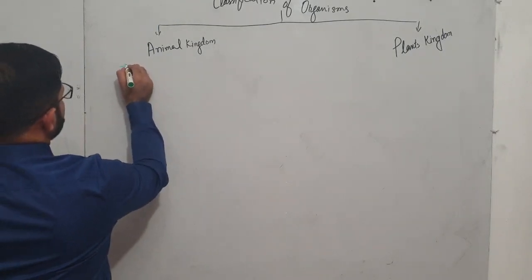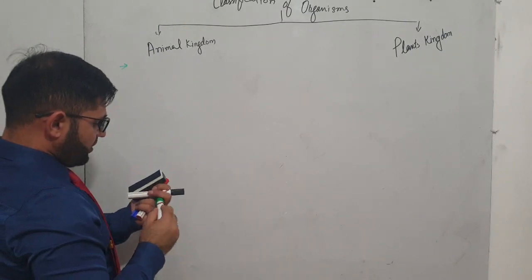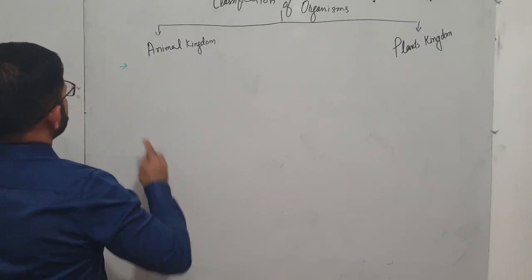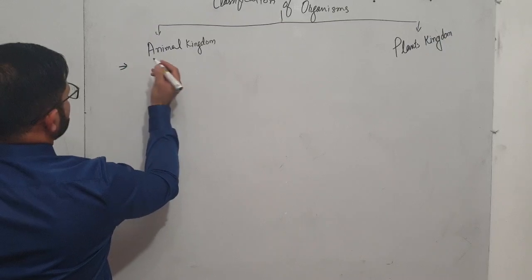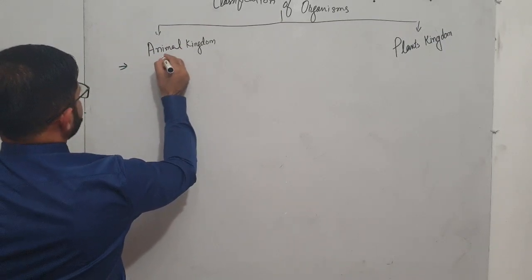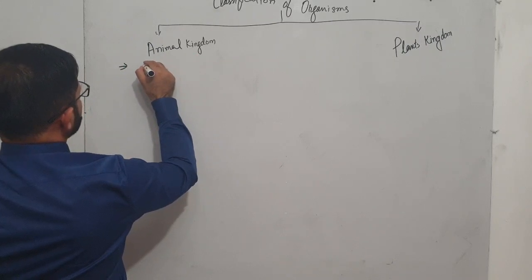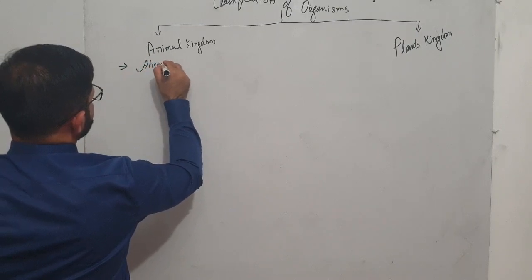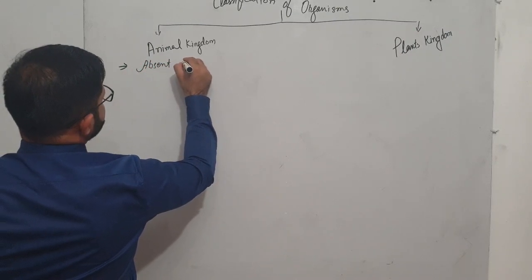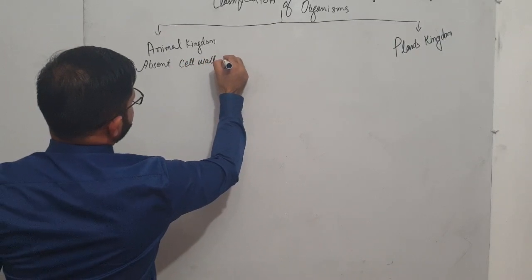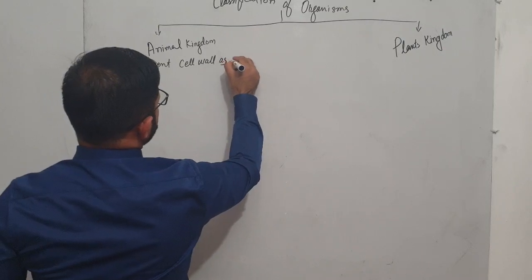Animal kingdom. In the animal kingdom, all those organisms were placed which lack, or are without, a cell wall as their outermost layer.